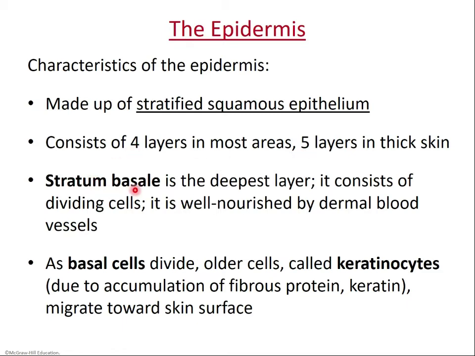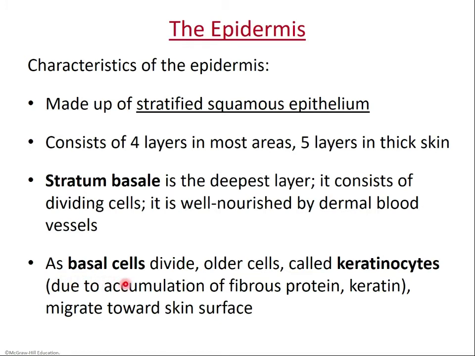The stratum basale is the deepest layer, and this is the one that has dividing cells. So the stratum basale will be the deepest, underneath layer that has dividing cells that help maintain the epidermal layer.